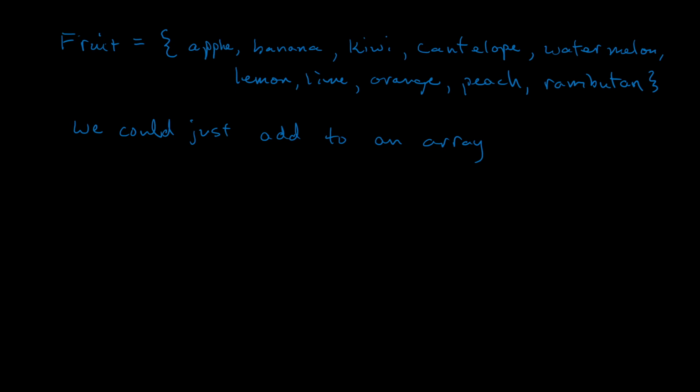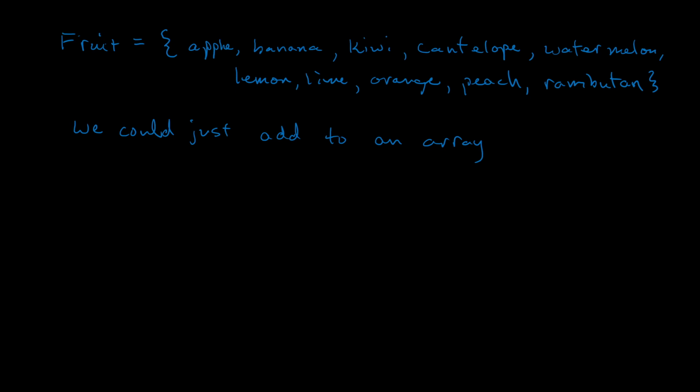How can I represent apple in an array? You'd have to use integers, right? No, I'm just saying, how can I represent apple? Probably a string, yes, a string.